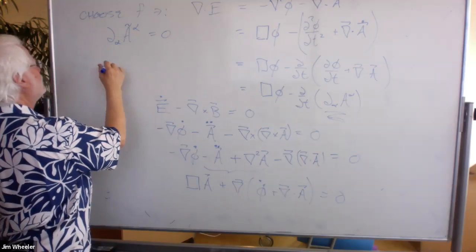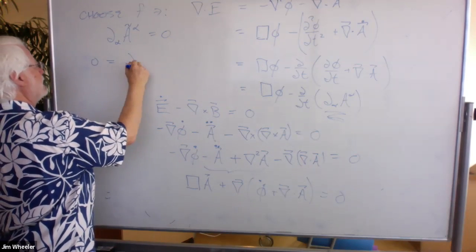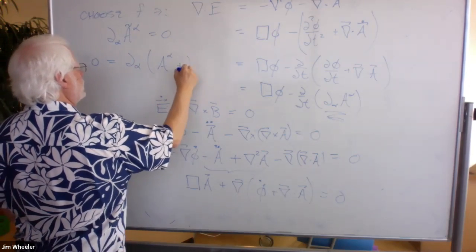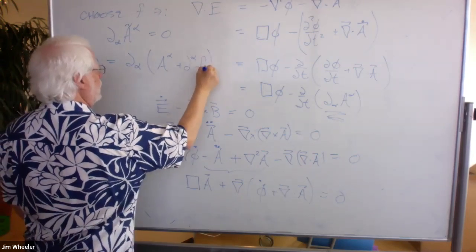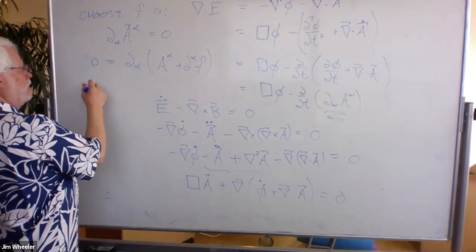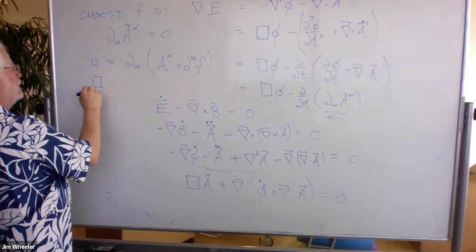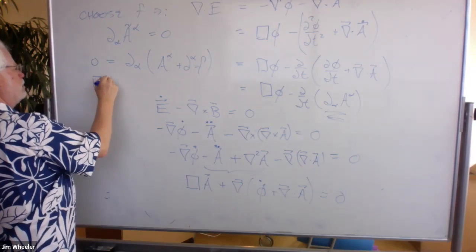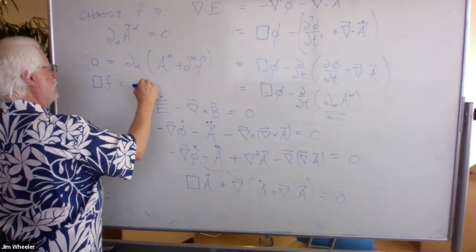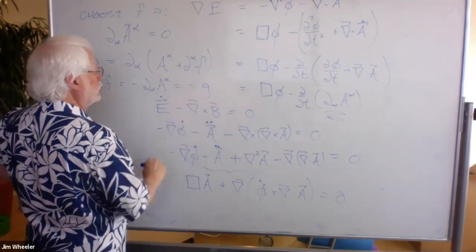Well, we can actually do this because demanding this is demanding that d alpha of A alpha plus d alpha of our gauge transformation has to be 0. And d alpha d alpha is a box. And what it says is that box of our gauge transformation needs to be minus d alpha A alpha, which is just some function g.